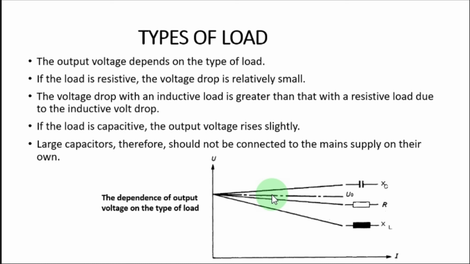So these two can be found by using open circuit test, where you open the secondary and apply rated voltage on the primary side, and then by measuring current and input power, you can find core loss parameters.